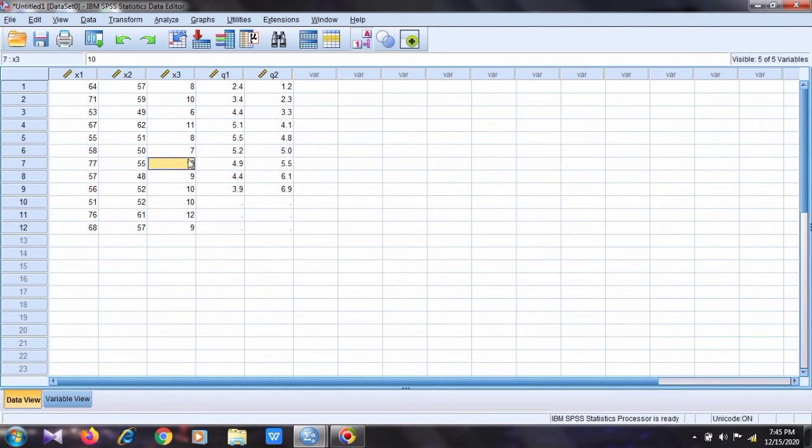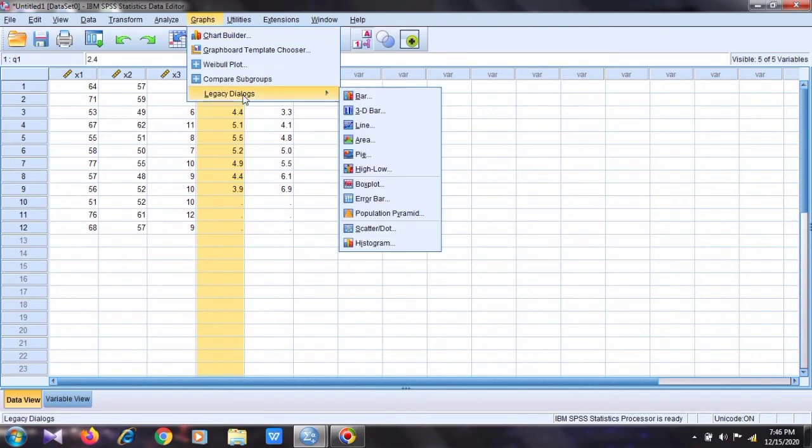Next we will go for the quadratic equation. Here q1 and q2 follow quadratic only, they do not follow linear. You can just check it by scatter plot also.